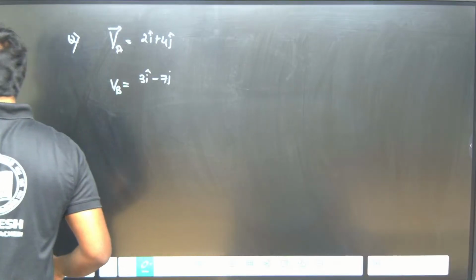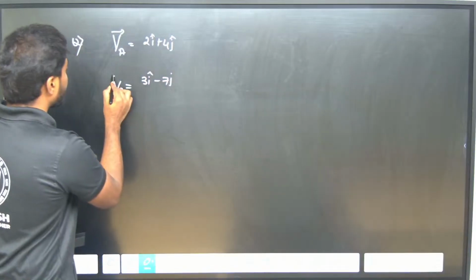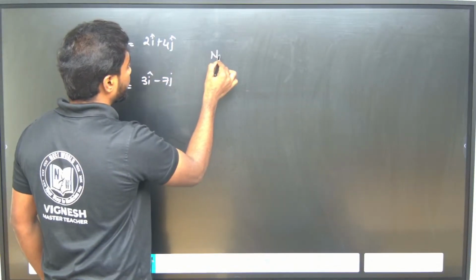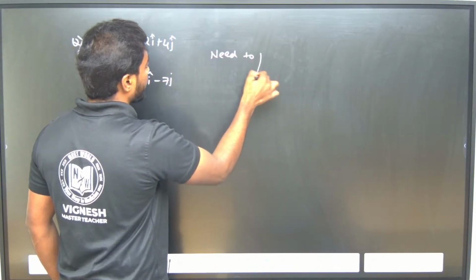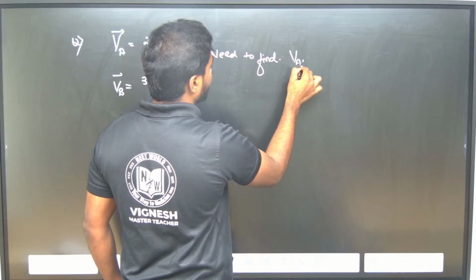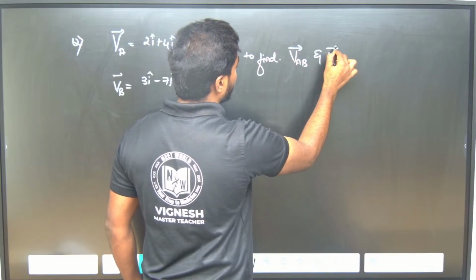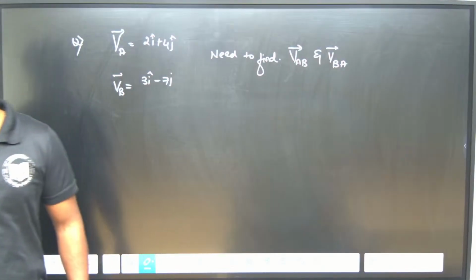So this is my question. Here we need to find the velocity of A with respect to B and the velocity of B with respect to A. Both things I need to find.